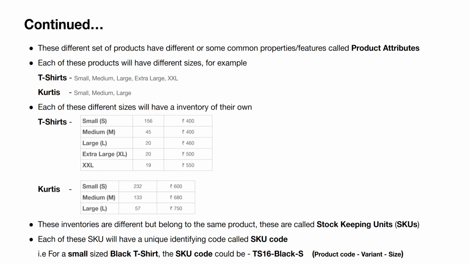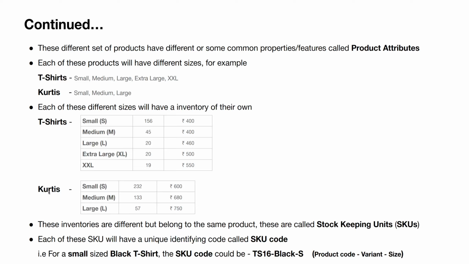So as you can see on the t-shirts table, the small size has 156 inventory and the cost is 400 for each. We have medium, we only have 45 of these medium sized t-shirts of this product, and it's only costing 400 rupees. Similarly, for large, extra large and double XL, we have some inventory and their prices may differ or may be same. Here they are different: 460, 500 and 550.